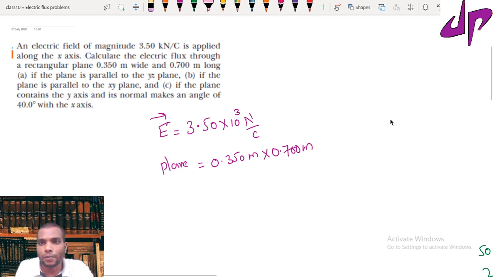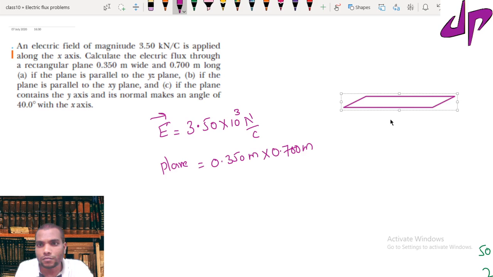Suppose if I draw a plane, so this is a plane, and if I mention the directions, let me take this along Y, and this along Z. Now suppose I draw the x-axis, so this is the x-axis.